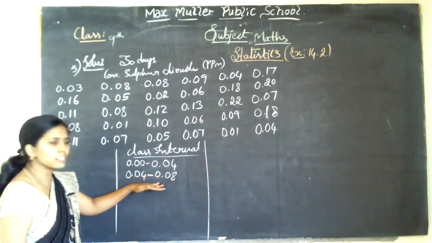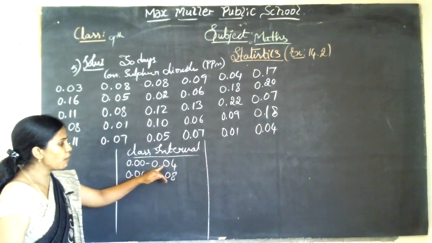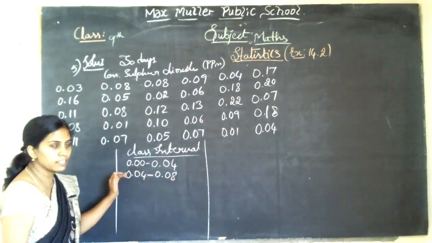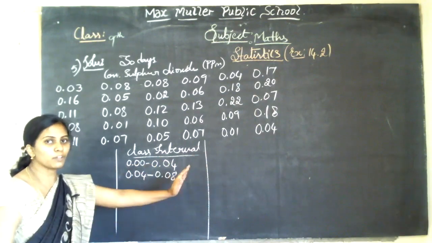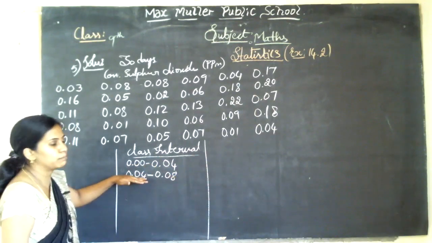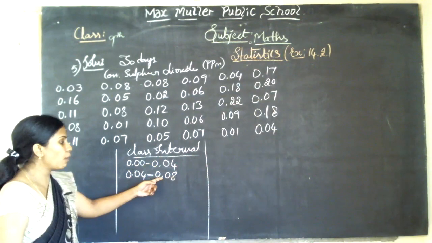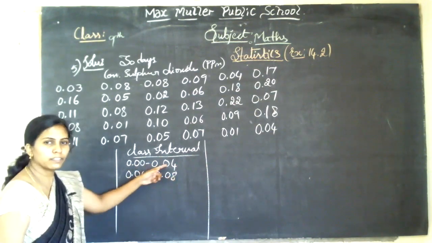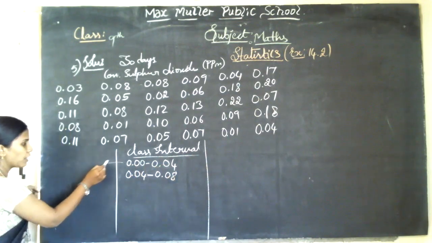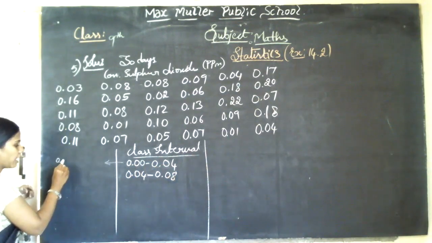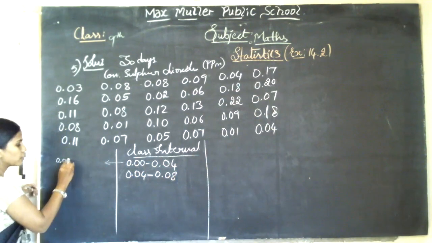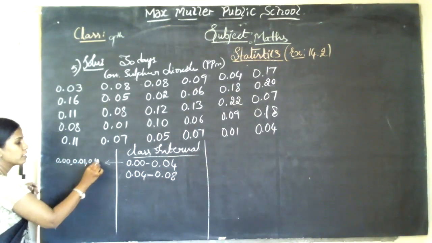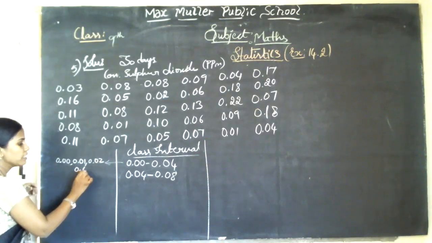When you observe the second row, 0.04 becomes the lower limit, because it is starting from 0.04, and 0.08 becomes the upper limit. So it is repeated. So here you have to take the numbers 0.00, 0.01, 0.02, 0.03.